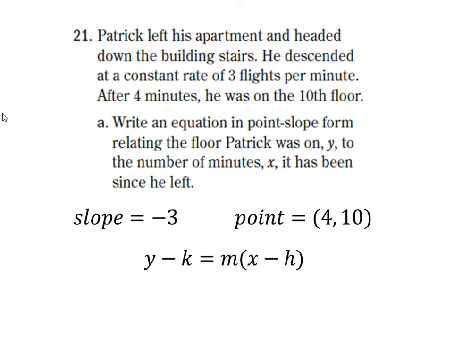And point-slope form is y minus k equals m times x minus h, and we are going to plug these values into the equation, which would look like this: y minus 10, because k is the 10, equals -3, which is the slope, times x minus 4, because positive 4 is the h. So now we have an equation here in point-slope form for the situation, given the point and the slope that we had to figure out from the situation.